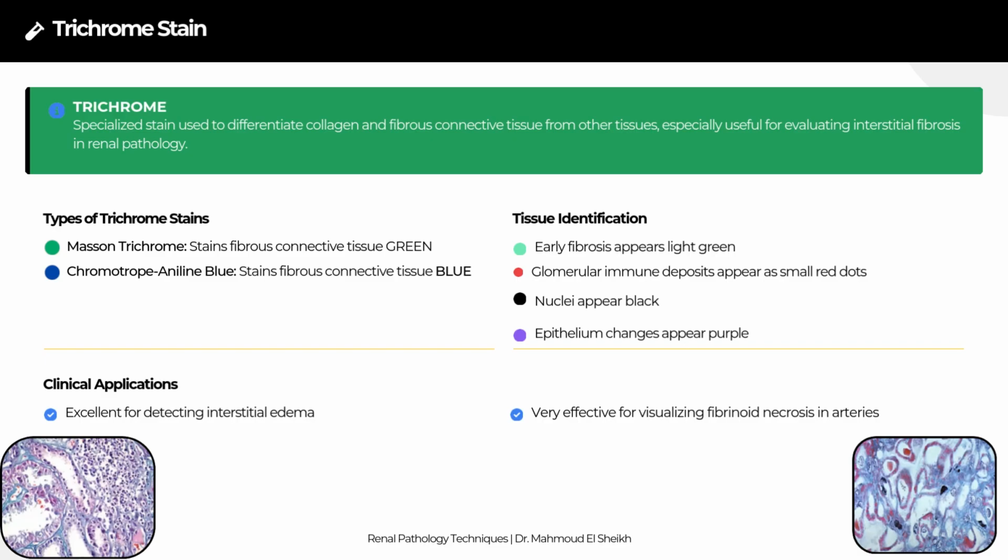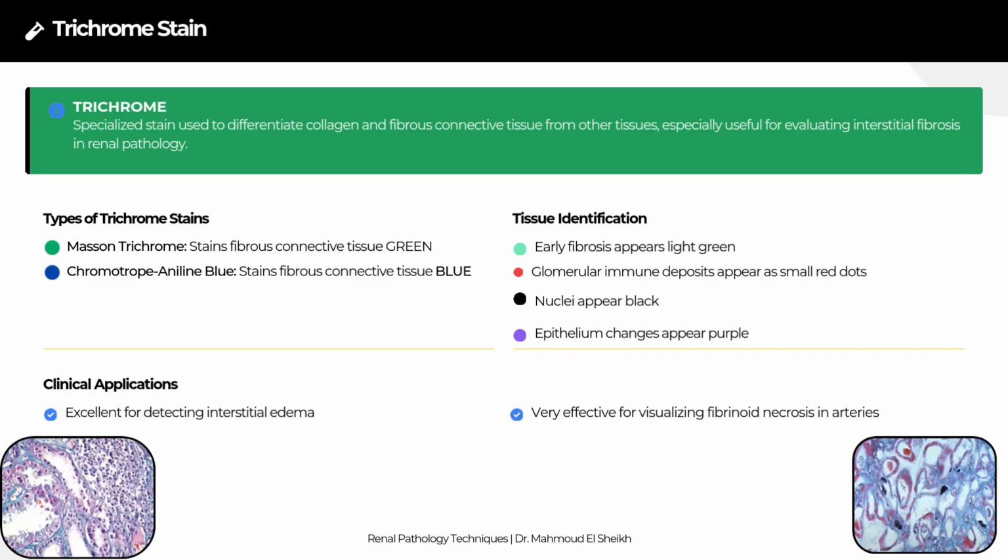Moving to trichrome stains, which are used to differentiate collagen and fibrous tissue from other tissue types and are particularly valuable for detecting interstitial fibrosis. There are two main types of trichrome stains: Masson trichrome, which stains fibrous tissue green, and chromophobe aniline blue, which stains it blue. Trichrome is also very effective for assessing fibrinoid necrosis in arteries and interstitial edema.